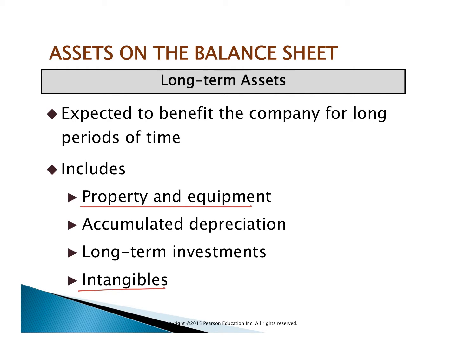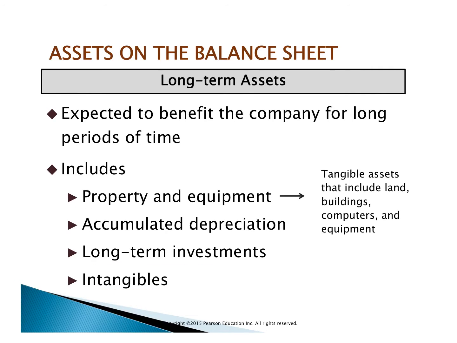Long-term assets may also include other investments that are expected to benefit the company for long periods of time. Property and equipment are the tangible assets that include land, buildings, computers, furniture, and equipment.